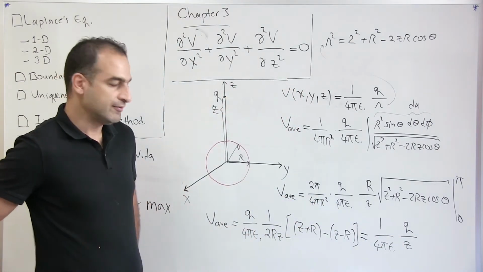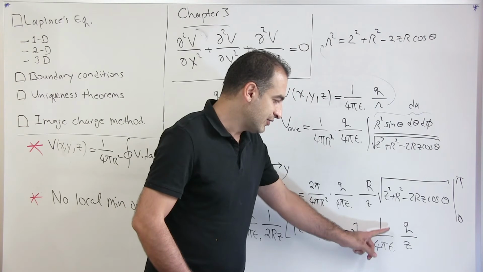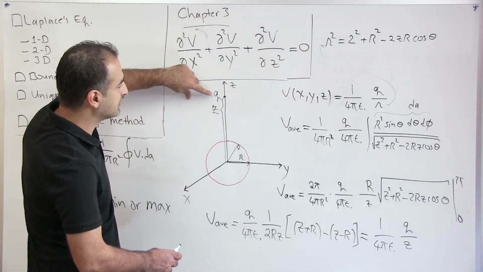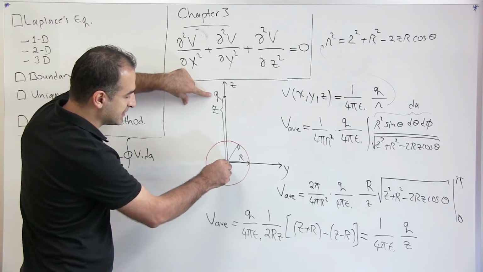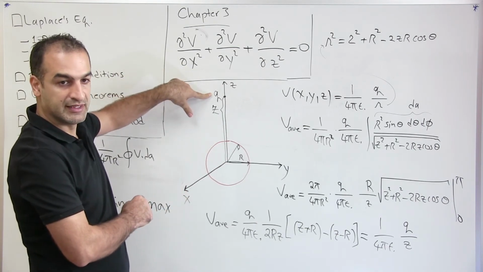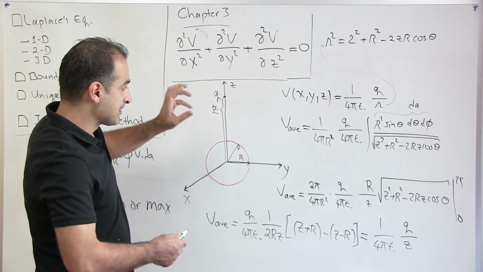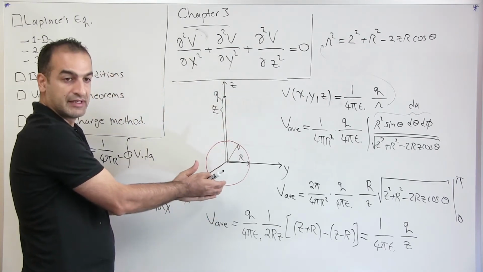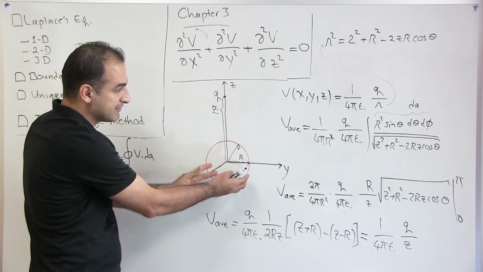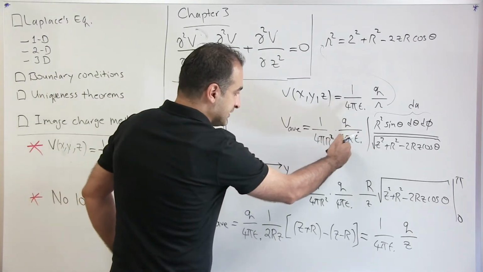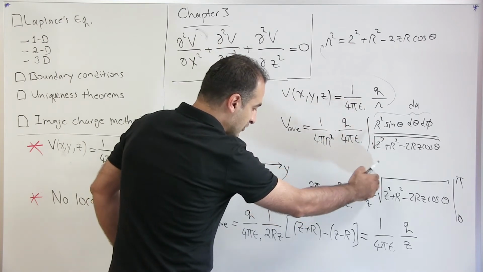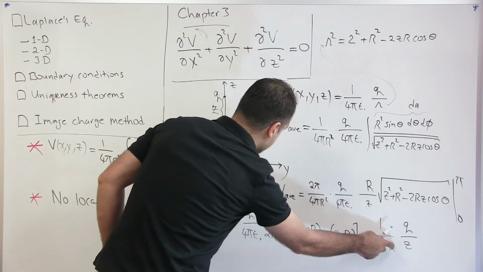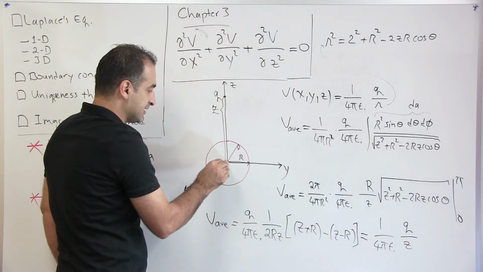Okay, and what is this? 1 over 4 pi epsilon 0 Q divided by Z is exactly the potential created by Q at the center of the sphere. Okay, so if you see, we calculated the average on the surface of the sphere. Pretty involved mathematics here and doing all this integral, and at the end we get 1 over 4 pi epsilon 0 Q by Z, which is exactly the electric potential at the center.